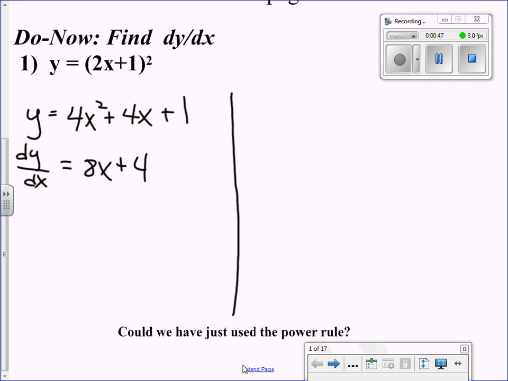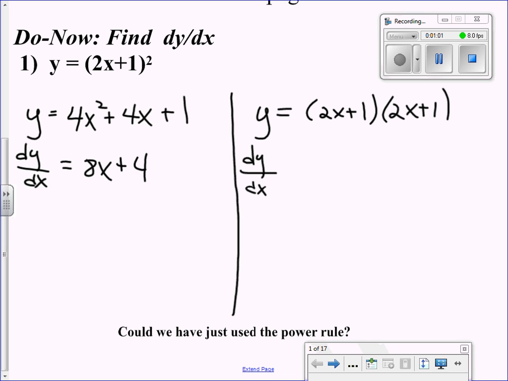Not bad. Another way we could find the derivative is to write this as a product, 2x plus 1 times 2x plus 1, and use the product rule. So we would get first, 2x plus 1 times the derivative of the second, 2, plus the second, 2x plus 1, times the derivative of the first.